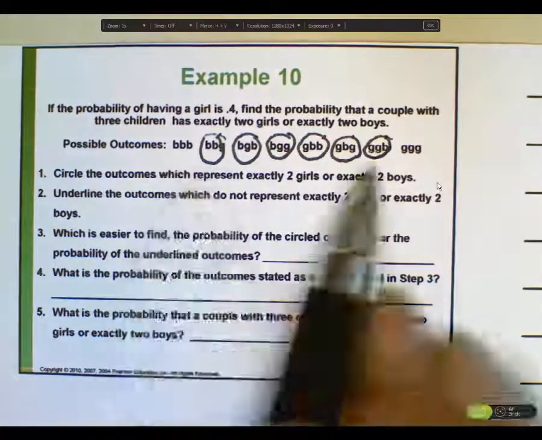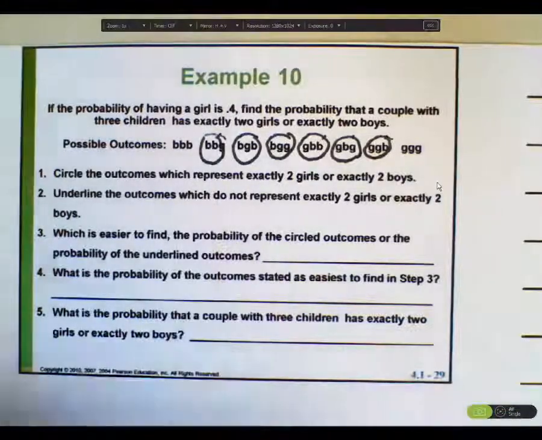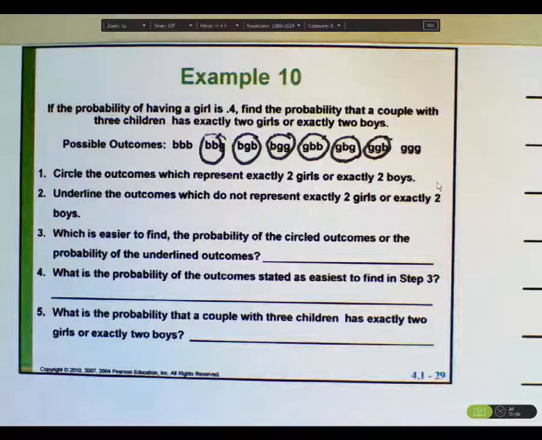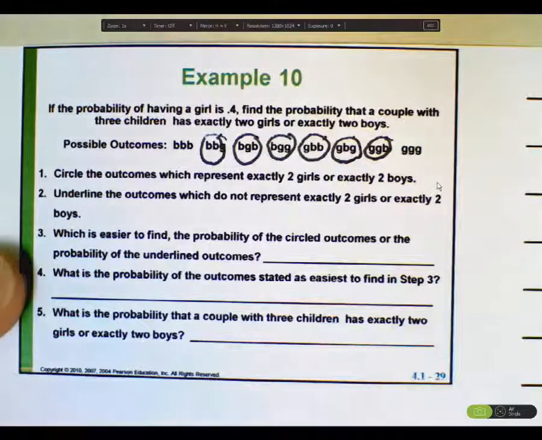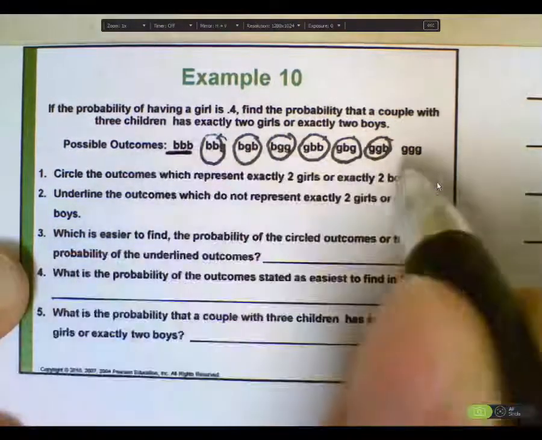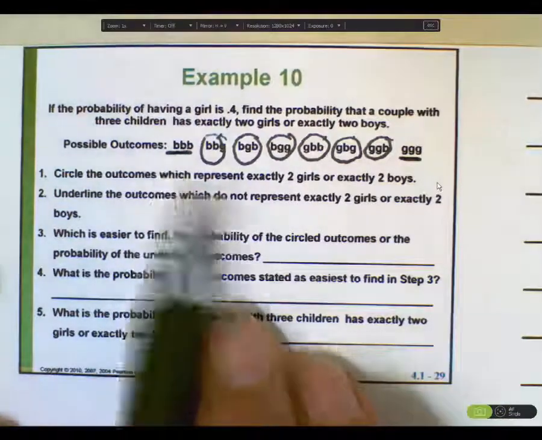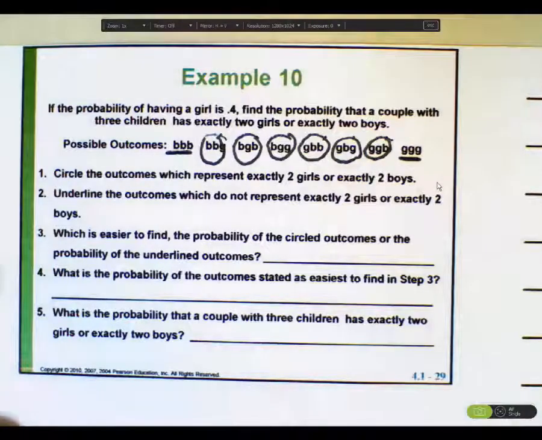So, of the 8 possible outcomes, 6 of them involved either 2 boys or 2 girls. Underline the outcomes which do not represent exactly 2 girls or exactly 2 boys. Well, there are only 2 outcomes that I don't have circled, and that's boy, boy, boy, or girl, girl, girl.